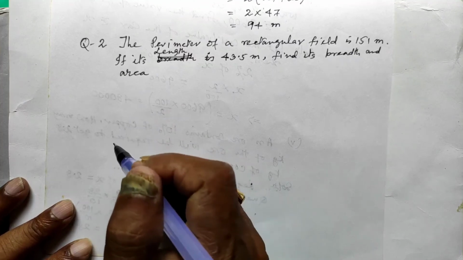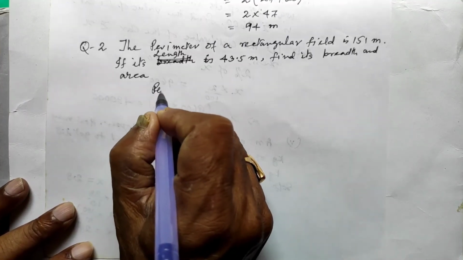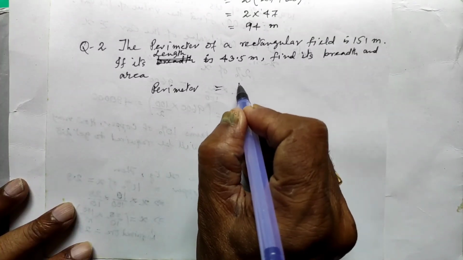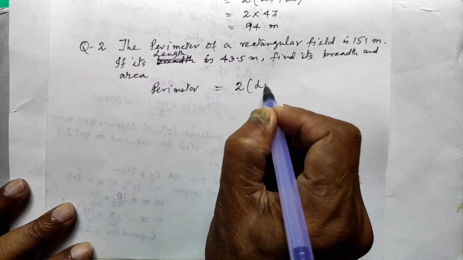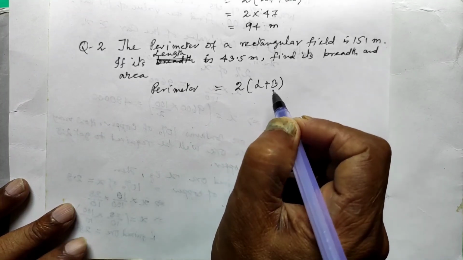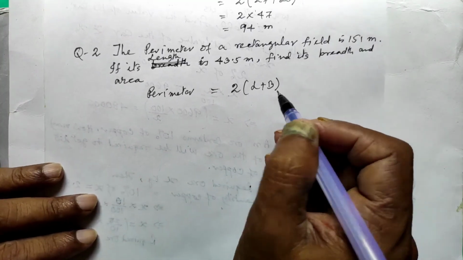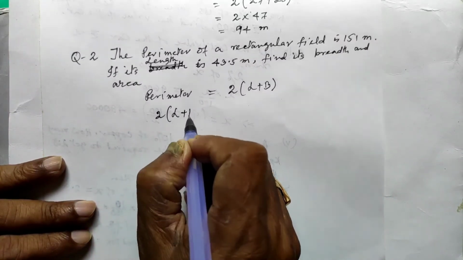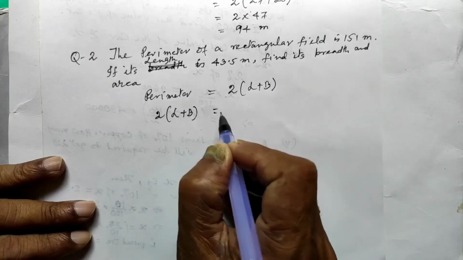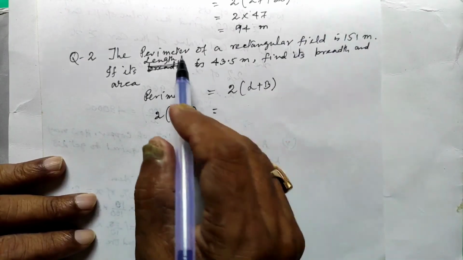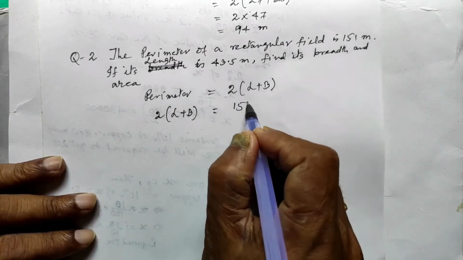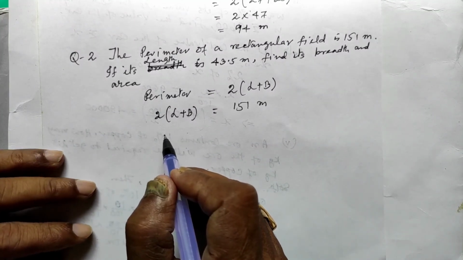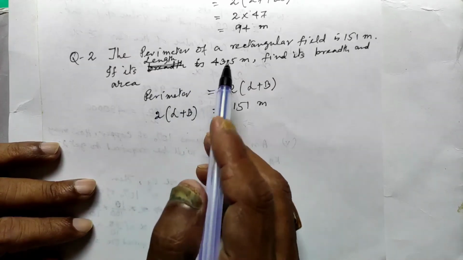So we have to take the help of the formula. What is the formula of perimeter of a rectangular field? It is 2 times length plus breadth. This will help us in finding it. Our perimeter is given, 151 meter, remember it. And the length is given, 43.5.